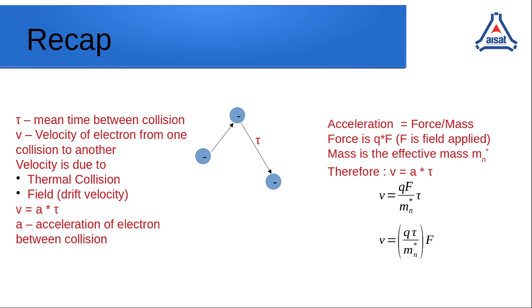By making use of these equations, we had found the equation for drift velocity, which is equal to q tau by mn star into F, which is the force due to the electric field. As you all know, mn star is the effective mass of the electron.